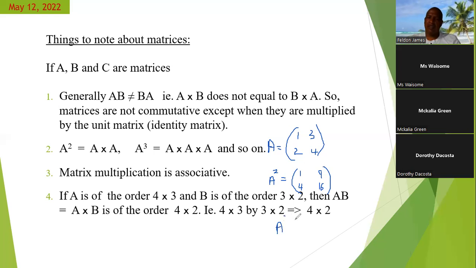A squared is equal to 7, then 10 across, down below, then 13, and then 18. All right.